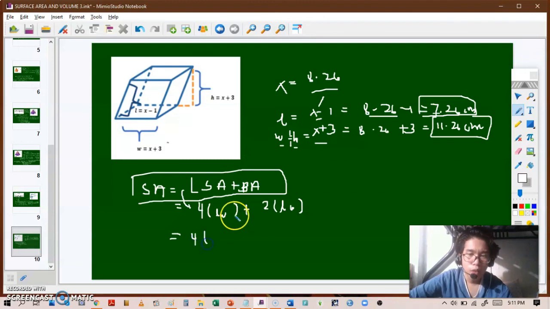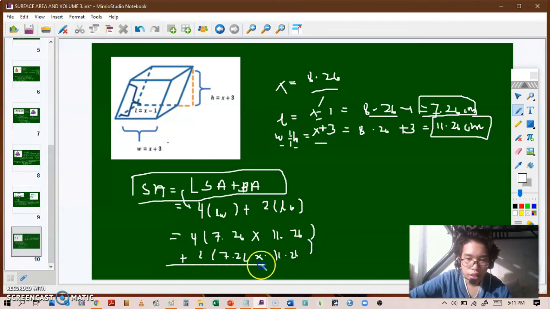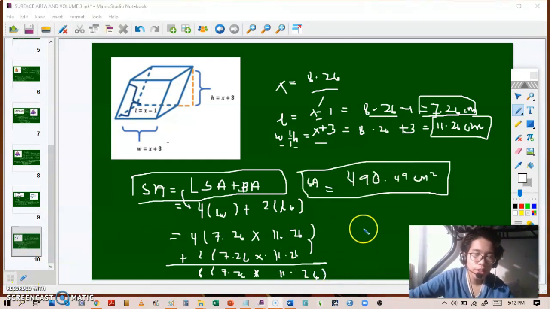So we multiply 4 times 7.26 times 11.26, and then add 2 times 7.26 times 11.26. The surface area is equal to 490.49 square centimeters.